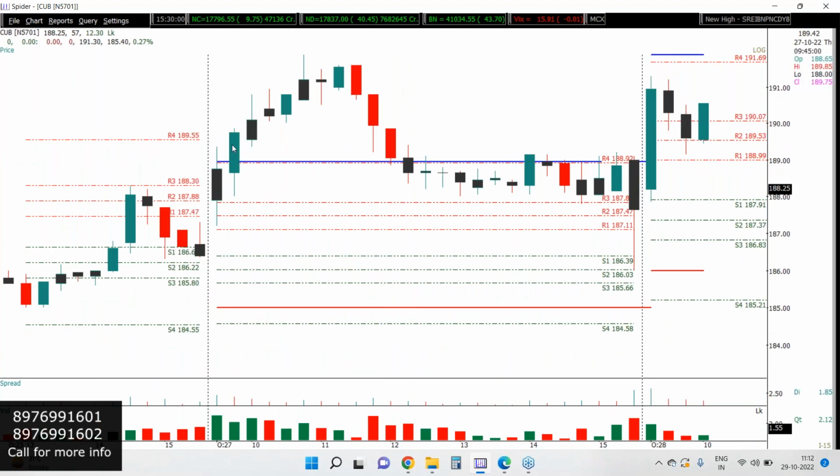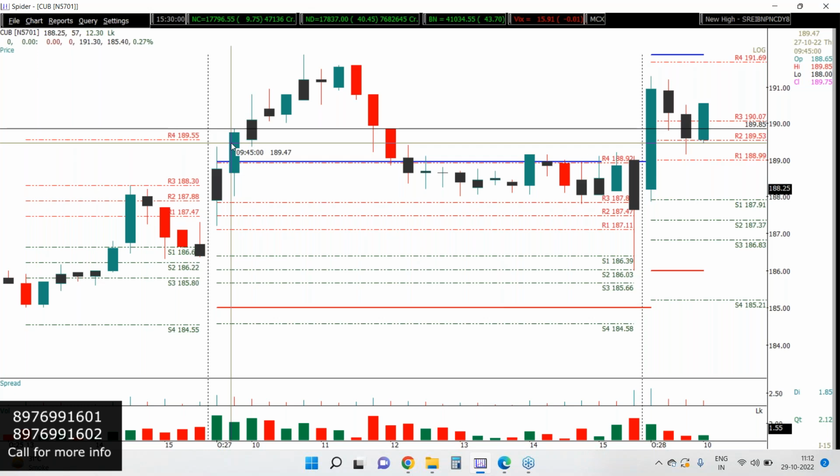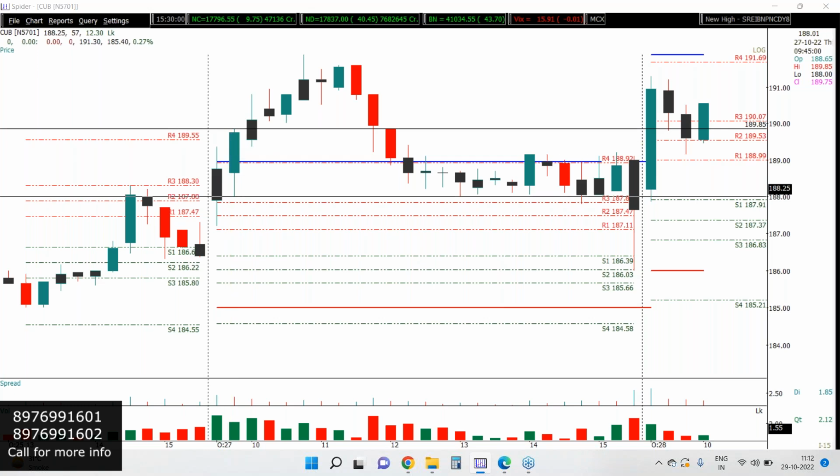So what you can do is enter on this candle's high, and take this candle's low as a stop loss. I have already added a spread indicator, which will show you the difference of this particular candle. If a candle's difference is more than 1.5%, then you can take a retracement of that candle for the stop loss, or you can ignore that candle.